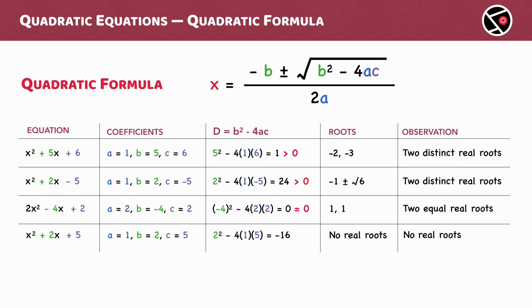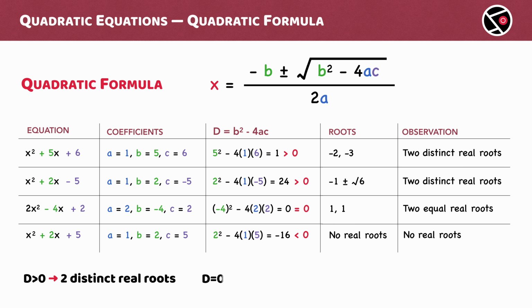Our last equation has d less than 0. D is negative. The expression inside the square root becomes negative. We have no real solutions. So remember, d greater than 0 means two distinct real roots.